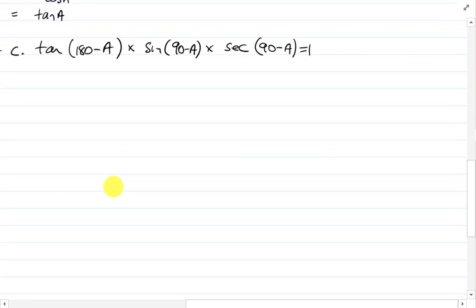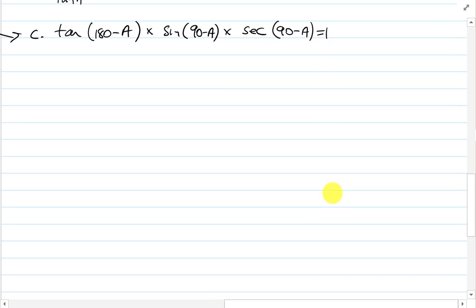Now I'm going to just introduce the idea of showing something to you. So if you're asked to show that something's true, in terms of your communication, it's not really good to work down with an equal sign in the middle of the two sides in terms of proof and show. And particularly because in this case, the right-hand side is so simple. So I would be just taking the left-hand side and working on the left-hand side, and hopefully I'll go down and down and down and down, and I'll get to 1.